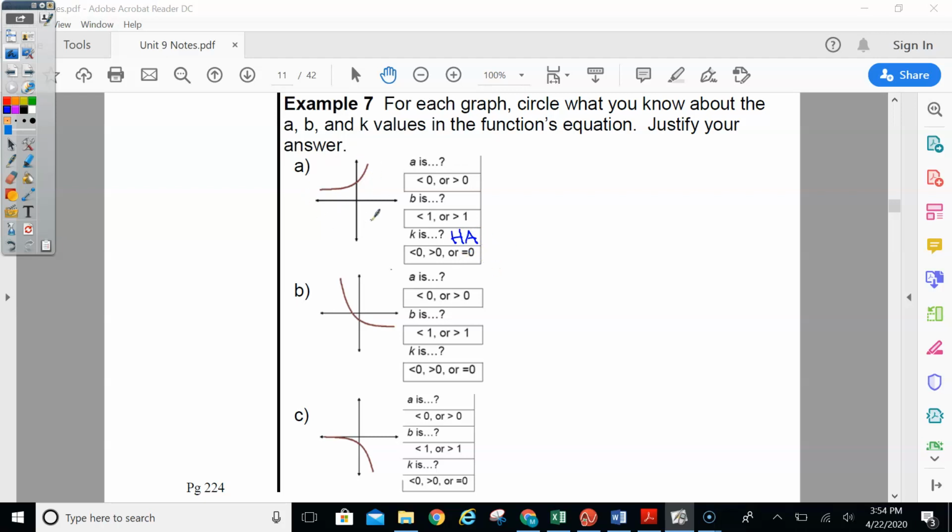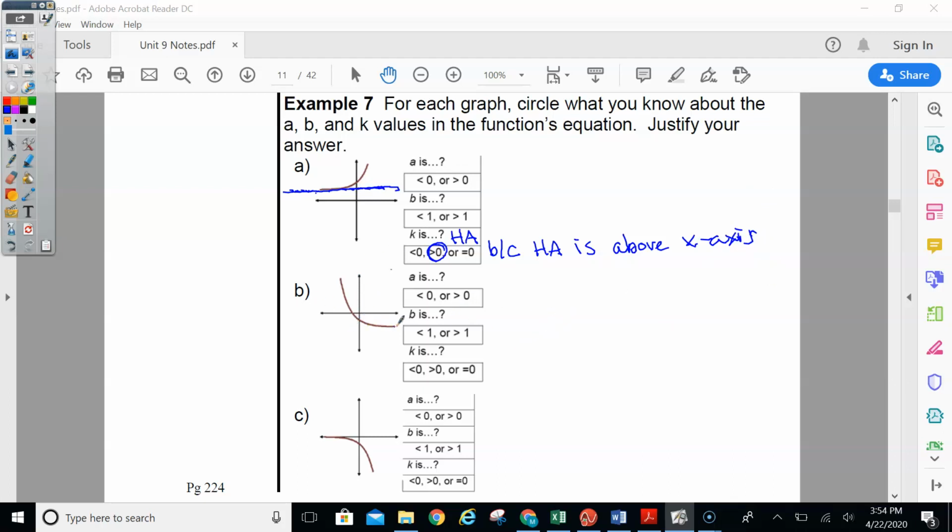So if I look at the first example, it's going flat right here. So this means that my K value needs to be above the x-axis. So here K is more than 0, because the horizontal asymptote is above the x-axis. If we look at the next one, where's the horizontal asymptote?